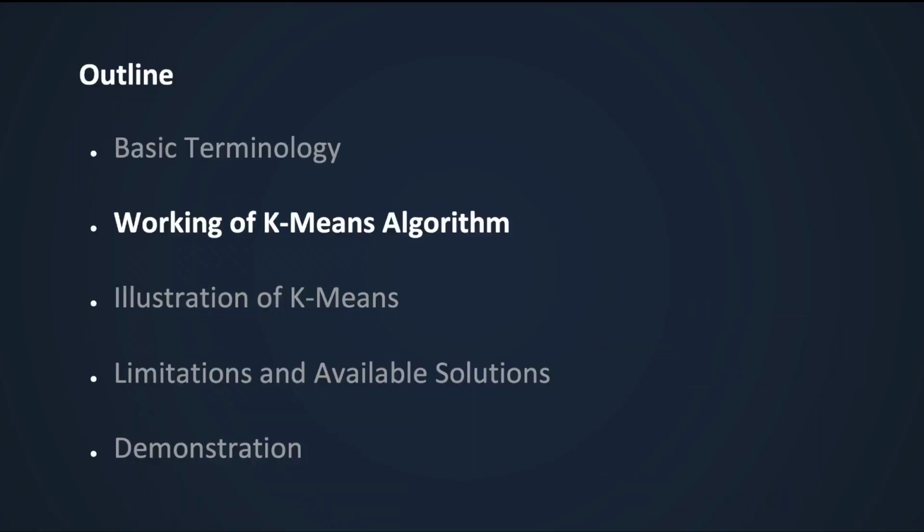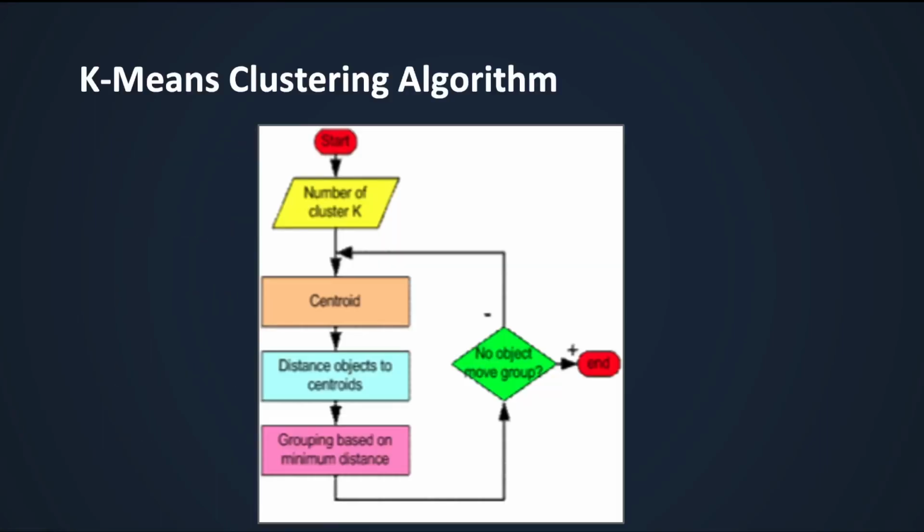We will now learn the working of the k-means algorithm. The flowchart of the k-means algorithm is shown here. Once the user provides the dataset and specifies the total number of clusters needed from a dataset, the k-means algorithm iteratively performs 4 steps to identify the clusters within the dataset.